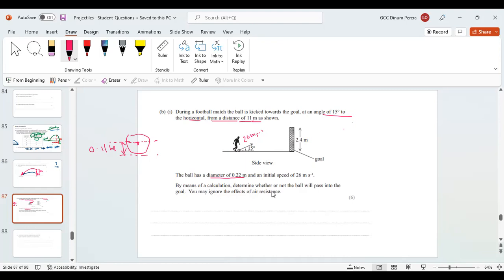All right. So we need to see whether it will pass the goal or not. How do you determine that? You need to find the height. To find the height, you need to use equations in the vertical direction. But then how do you know at which point in time the ball will reach the goal?